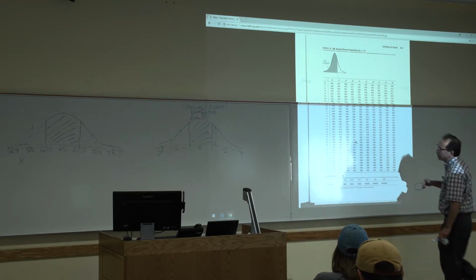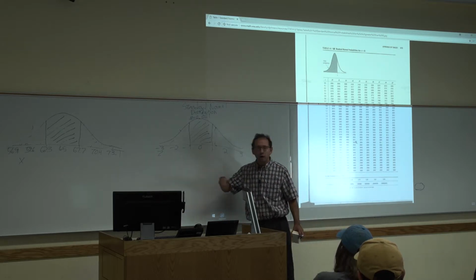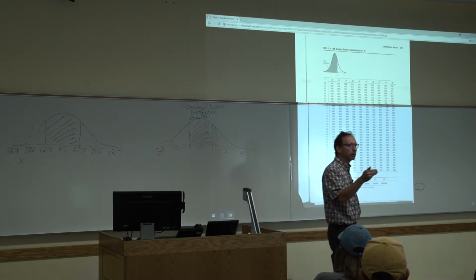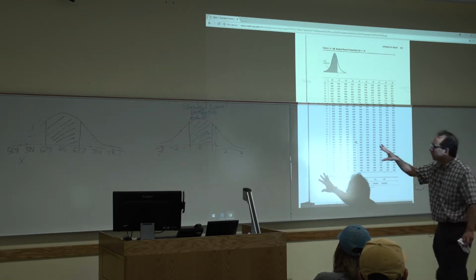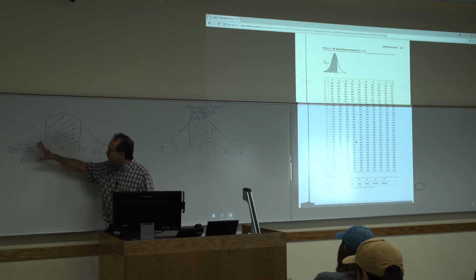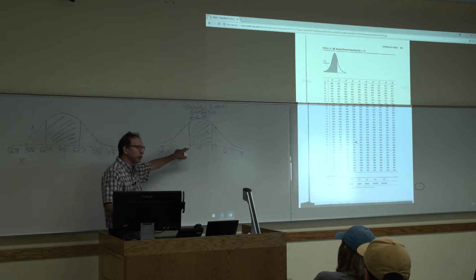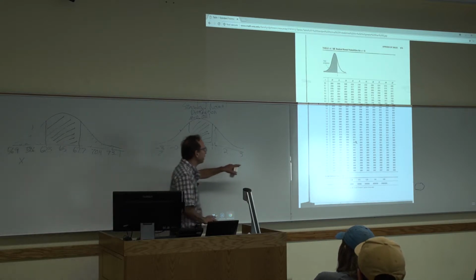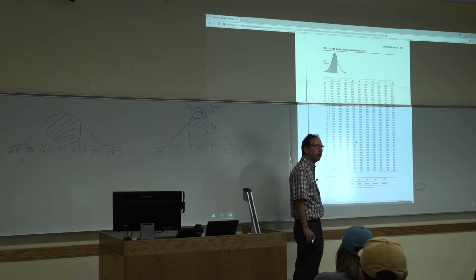Because in practice, when you look at the raw data, you're not going to find many variables that follow a standard normal distribution. Where this is useful is that any normal distribution you're working with, you can convert over to your standard normal distribution and make use of this table to figure out what area you need.